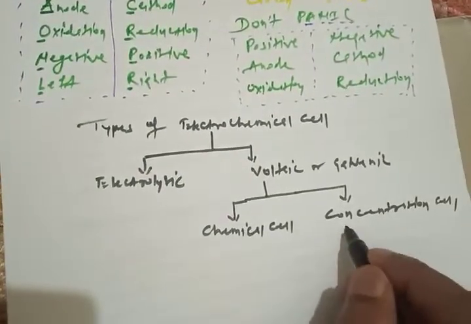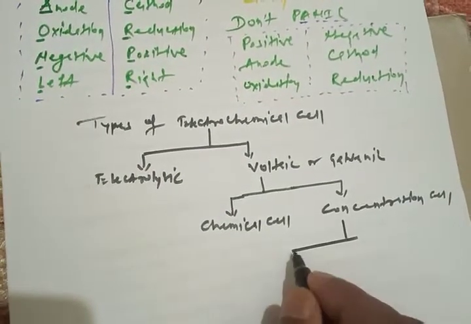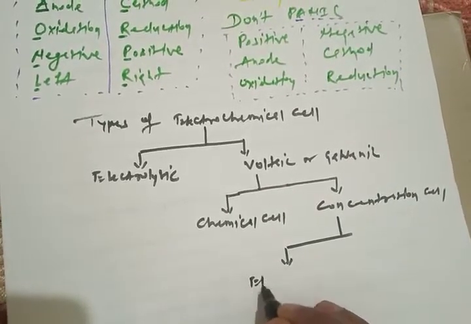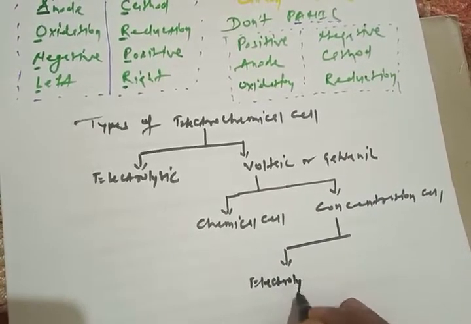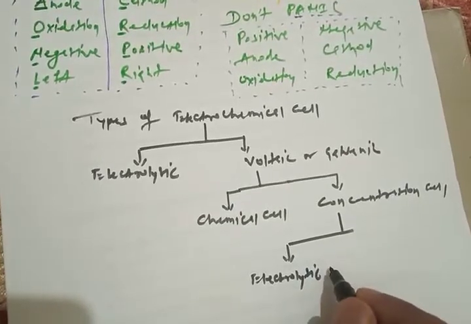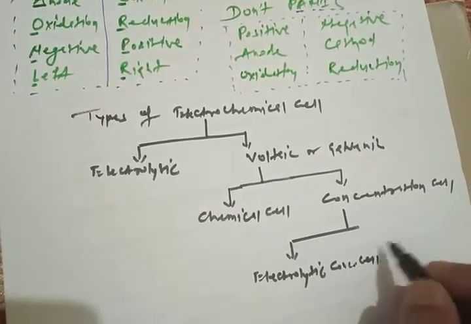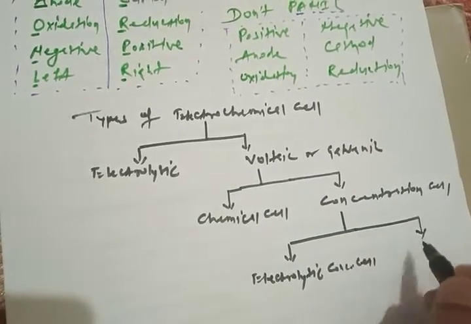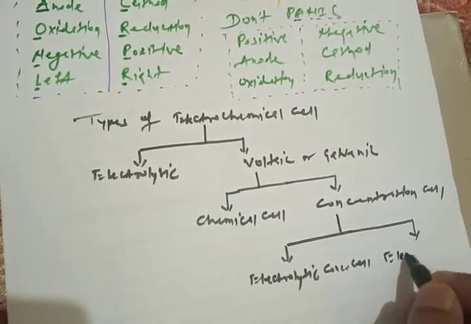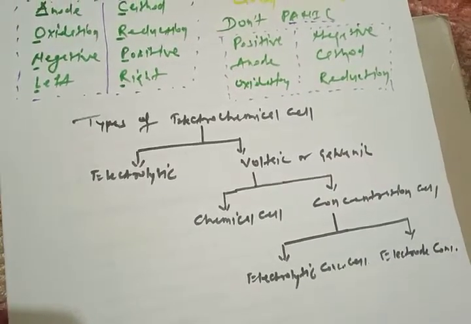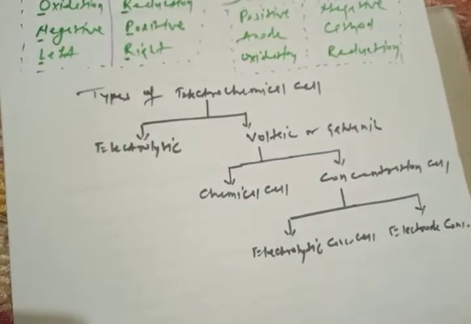Then the concentration cell is divided into two types: electrolyte concentration cell, and the second one is the electrode concentration cell.